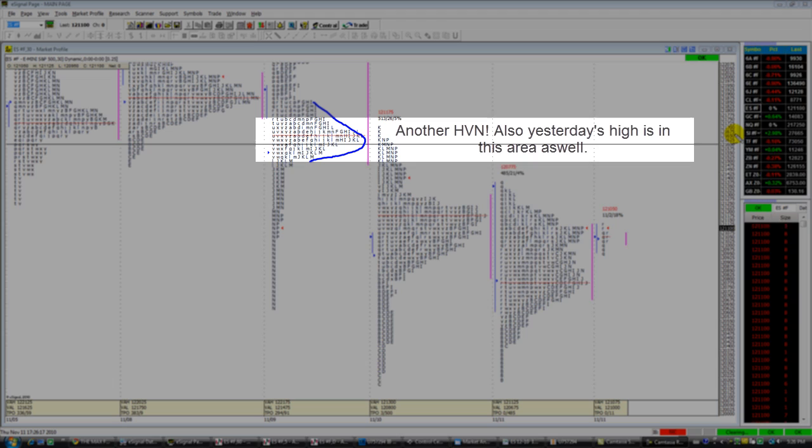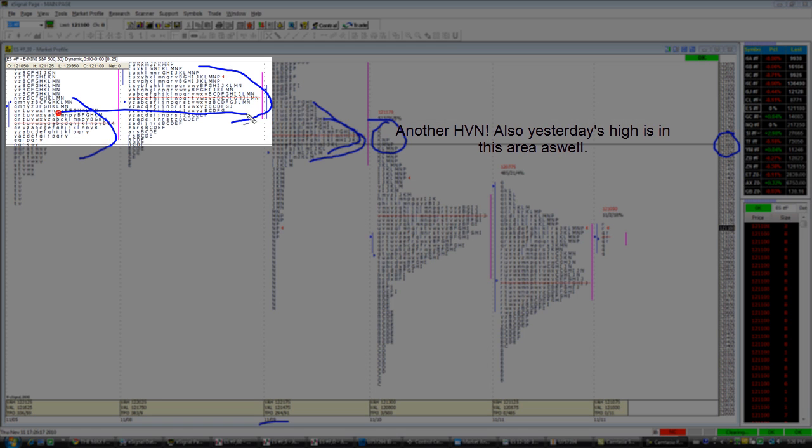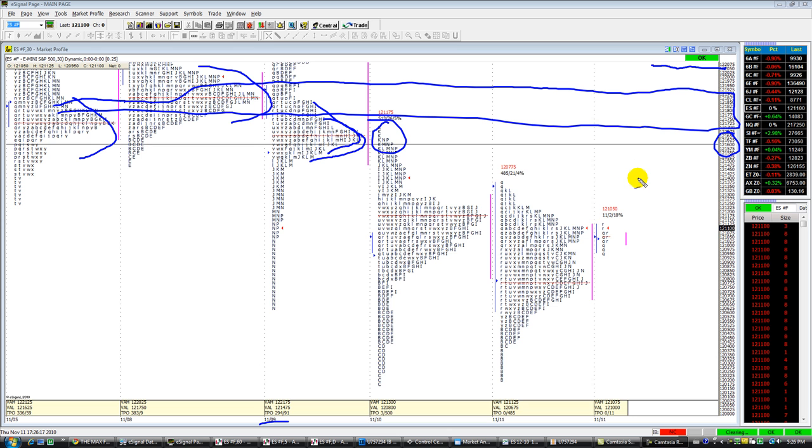This 16 area was a high volume node from November 9th, and this was the high of the day yesterday. Do you see this balance area that has formed over here? This area was in the 17 to 19 area. So if we get above that 19 area, or around that 20 and a half level, that would negate this trade.